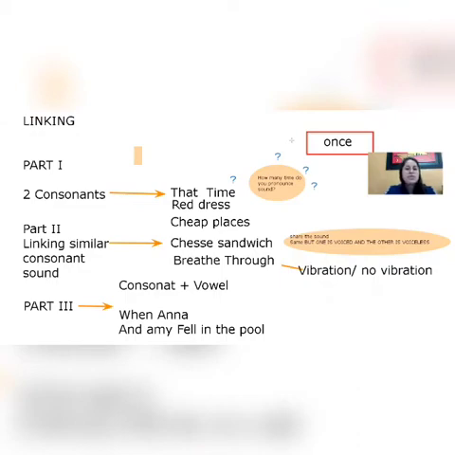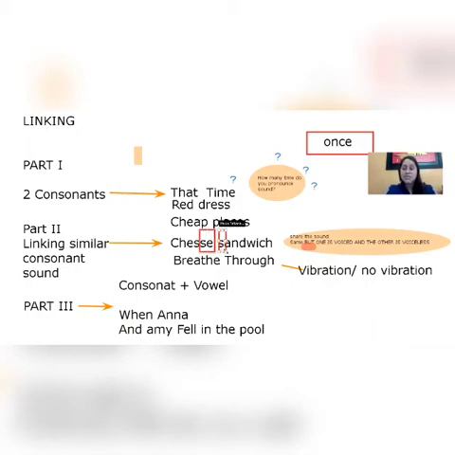So let's continue with part number 2, which is linking similar consonant sounds. Here it is important to keep in mind that the sound could be the same, but one is voiced and the other one is voiceless. For instance, in this case, I have "cheese," where the sound is z, and the next word starts with s.